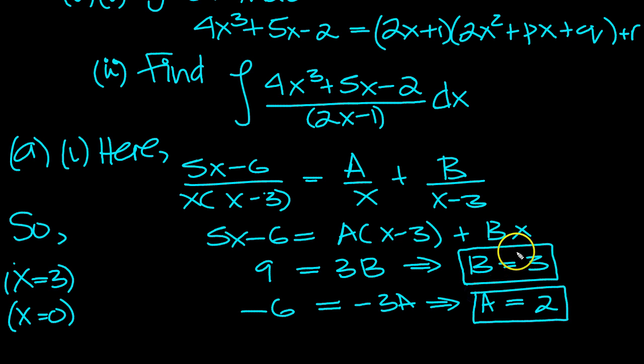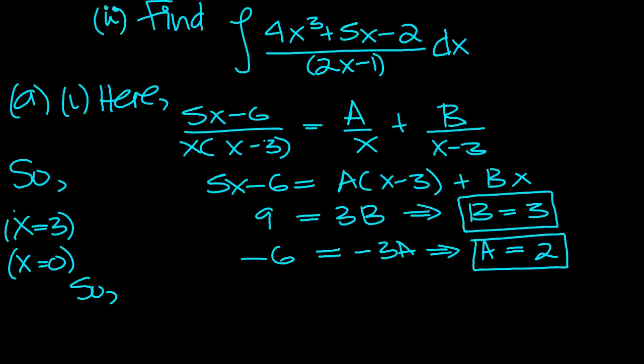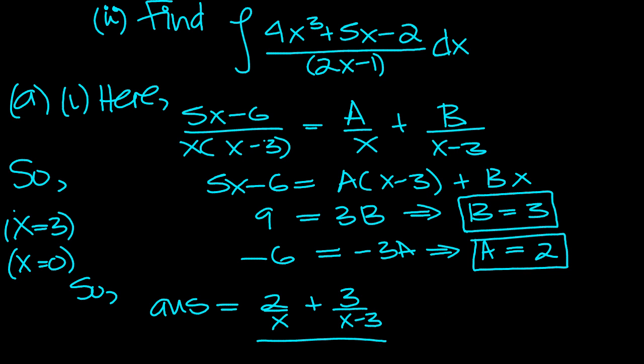So a is 2, and b is 3. So, answer then is equal to 2 over x plus 3 over (x minus 3). So that's that part done then.